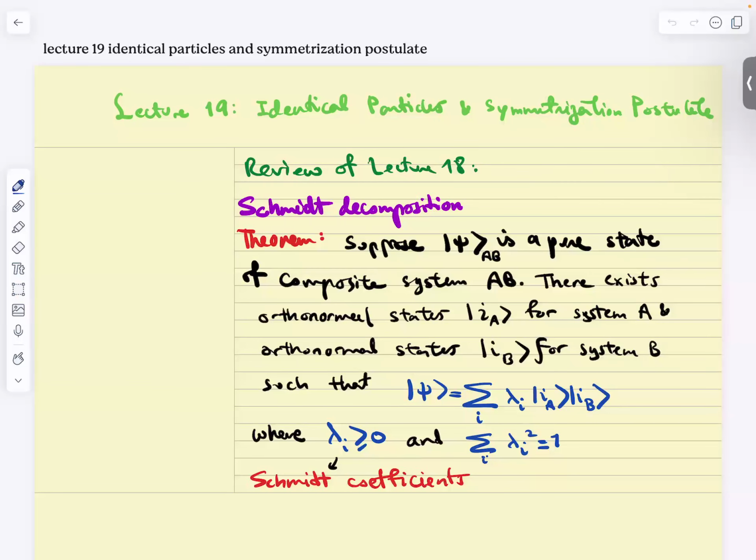So today we're gonna start lecture 19, and we'll be talking about quantum entropy very briefly, maybe one slide, and then switch gears and talk about identical particles and the symmetrization postulate. This is the last postulate of quantum mechanics that remains.